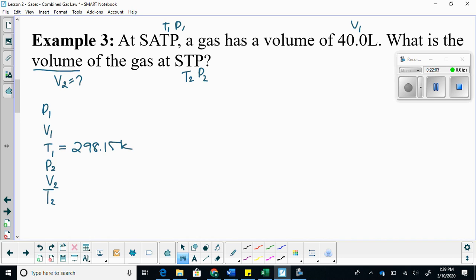Does anybody remember what pressure is at SATP conditions? 100 kilopascals. V1 is 40 liters. Does anybody know the pressure at STP conditions? 101.325 kilopascals. V2 is what we are looking for. T2?